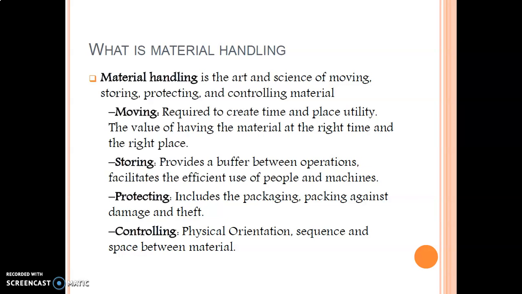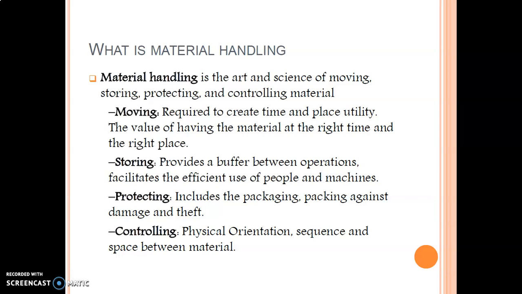Suppose your raw material is located somewhere and every time you have to travel from one point to another point, and it will take more time. So at that time you can change the location of the material, and that should be feasible to the worker or any machine for actual time reduction.